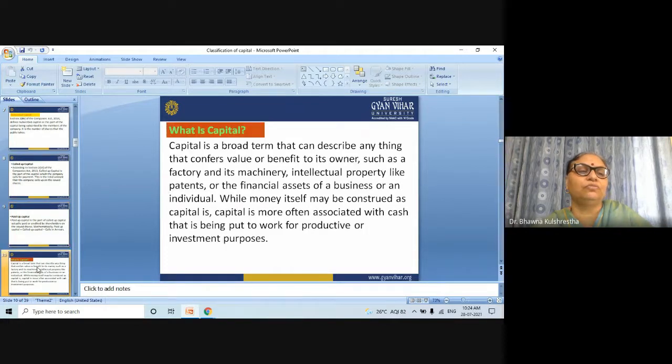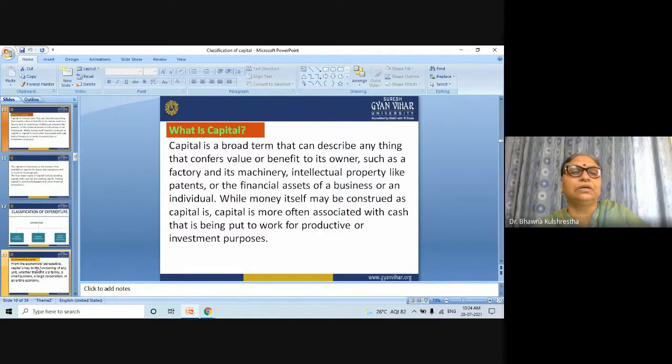And the next is, what is capital? Capital is a broad term that can describe anything that confers value or benefit to its owner, such as a factory and its machinery, intellectual property like a patent, or the financial assets of a business or an individual, while money itself may be construed as capital.